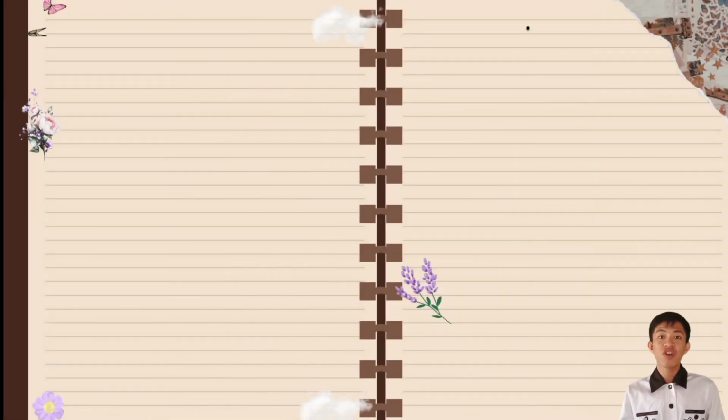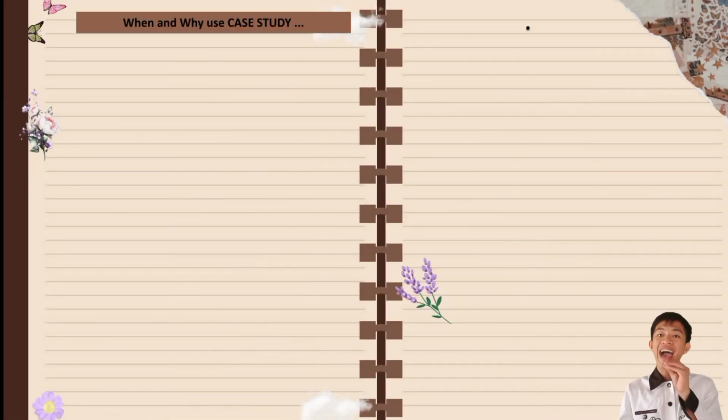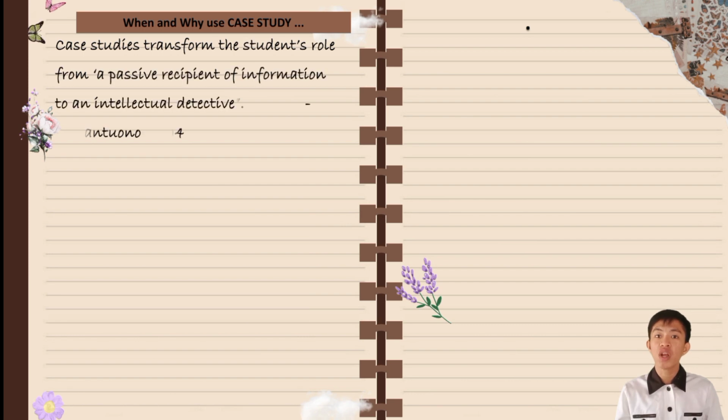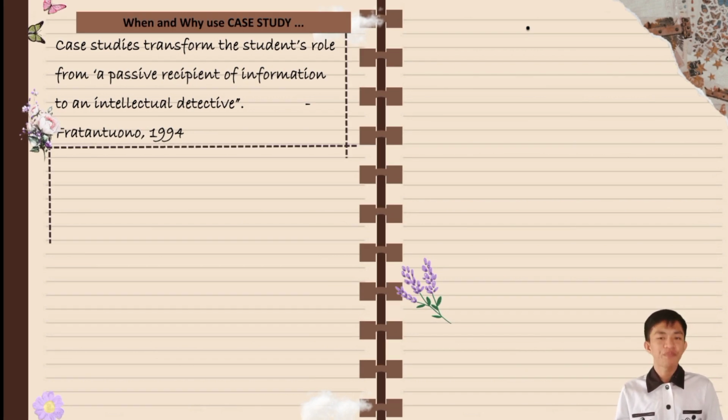And case studies transform the student's role from a passive recipient of information to an intellectual detective. That is according to Fratantuono 1994. And I agree with this, because with the case study, students will not become passive recipients of information, because they are the ones who construct the knowledge from their observations of the cases or the experiences.